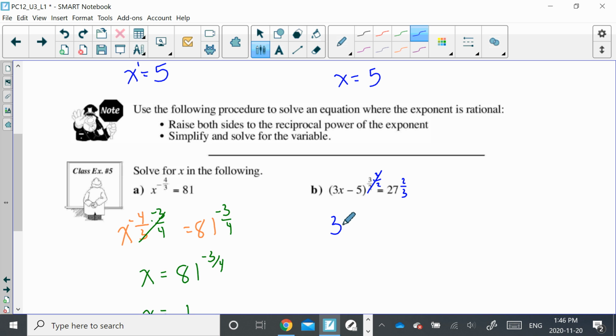We then have 3x minus 5 is equal to, this would be the 3rd root of 27 squared. 3x minus 5 is equal to, the 3rd root of 27 squared is 9.